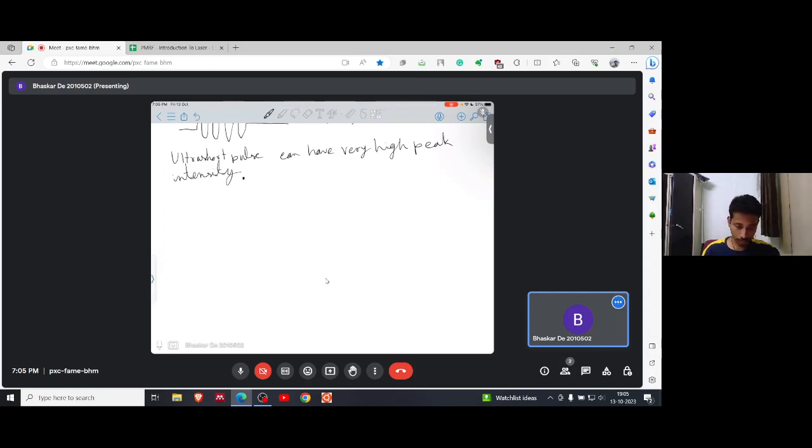So when a pulse can have a high peak intensity, it can introduce the non-linear effects in the medium because of this high intensity. The high intensity means that it has a very high electric field.